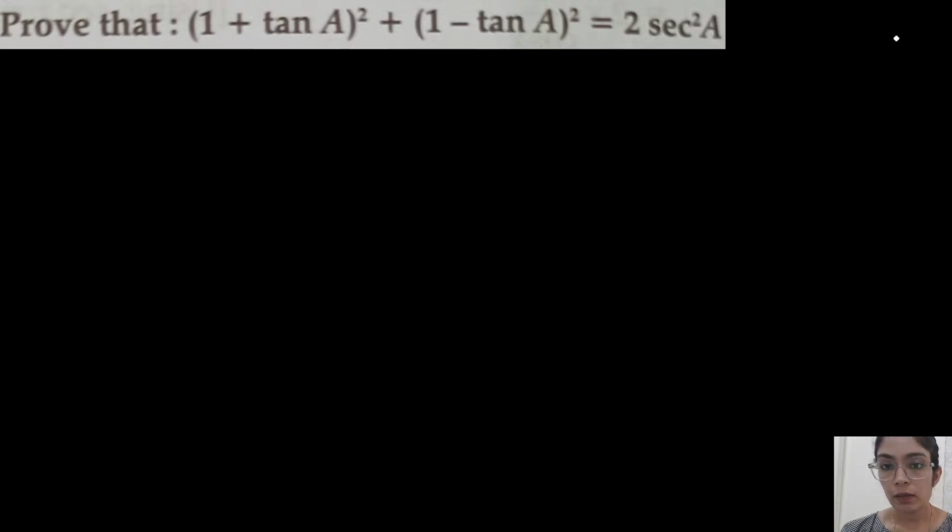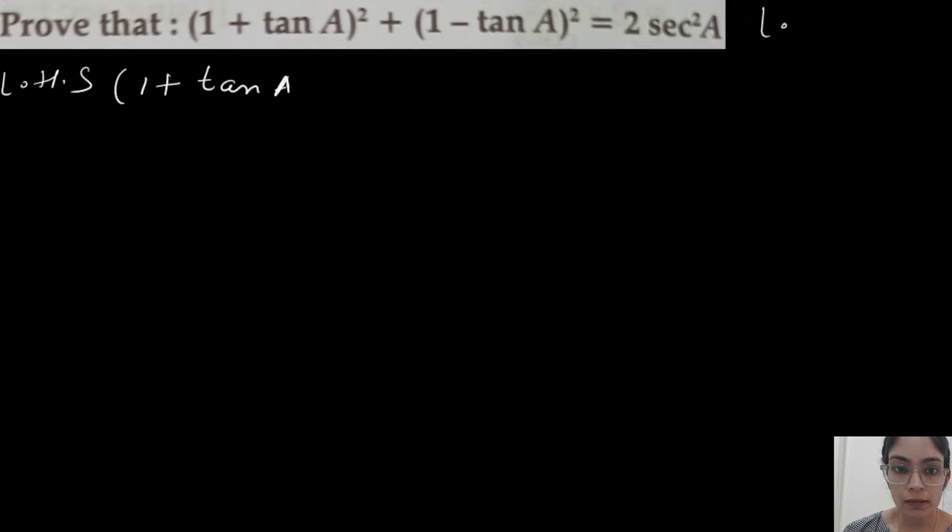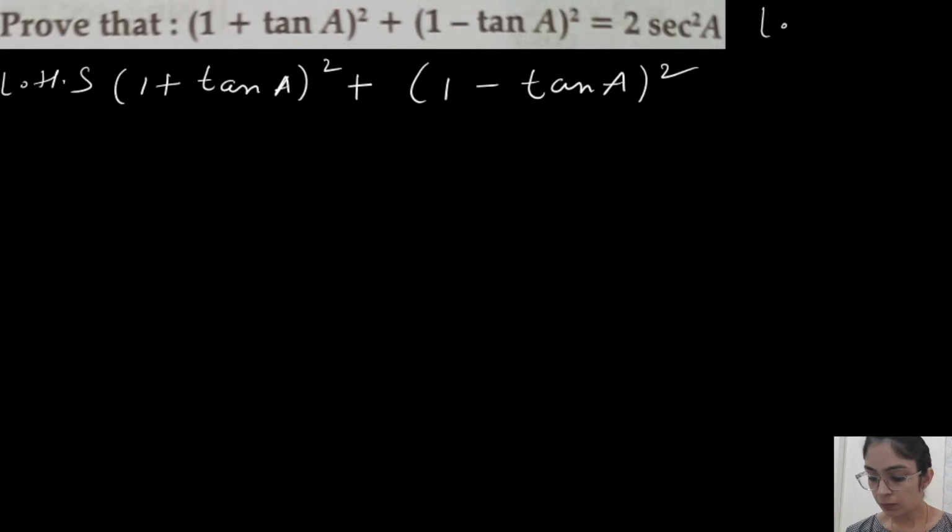Yes, so what can we do in this question? Again, the left hand side is 1 plus tan A whole square plus 1 minus tan A whole square. So what can be done in this question?